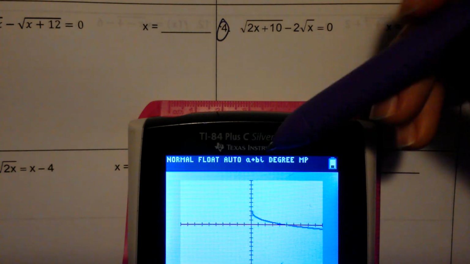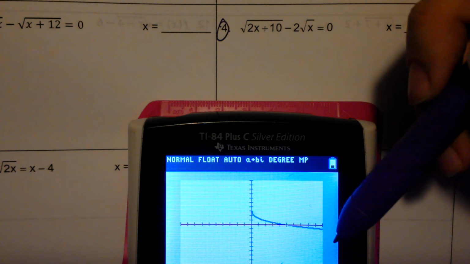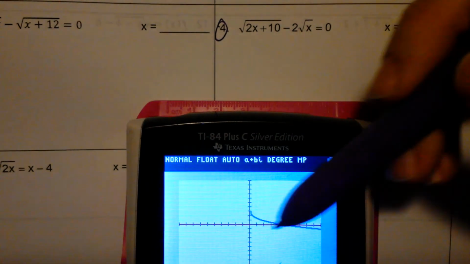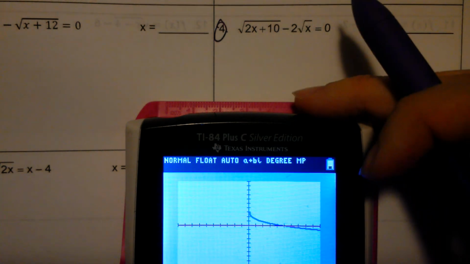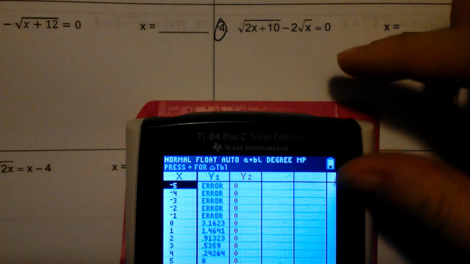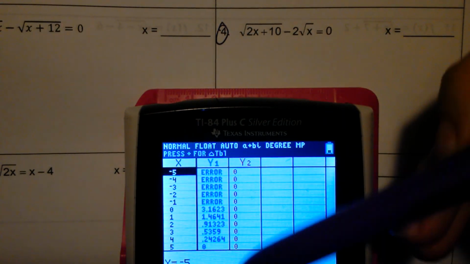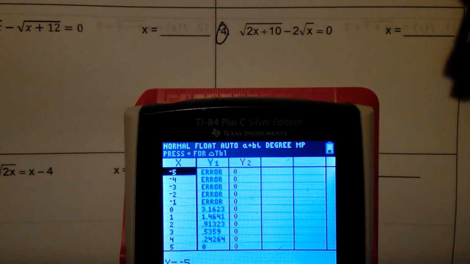Looking from the graph, I know that it didn't cross more than once, because that blue line is bending away from that flat horizontal line. If I look at the table, yes, I have 0, 0, x is 5, so 5 is my answer.